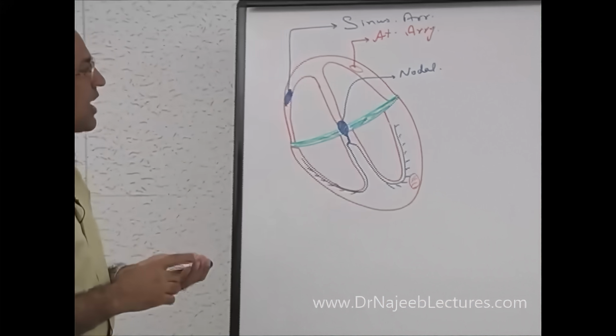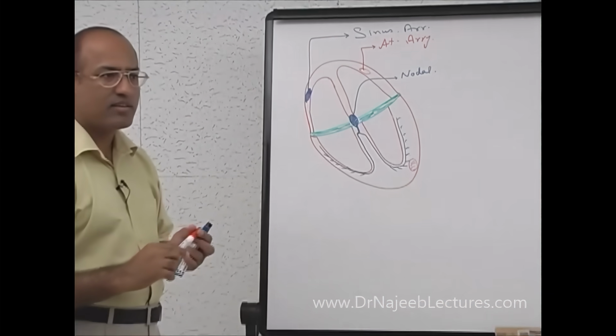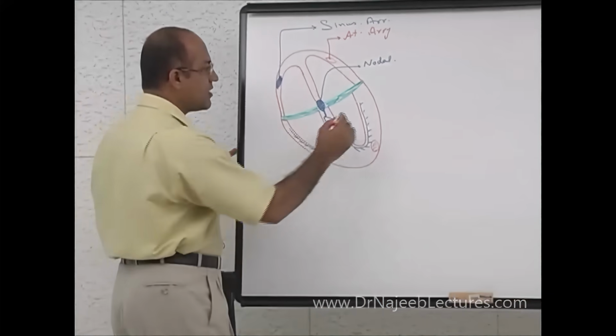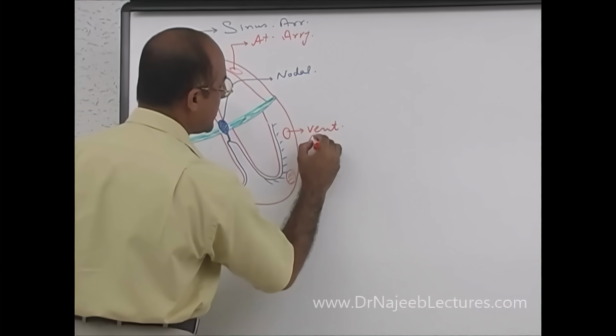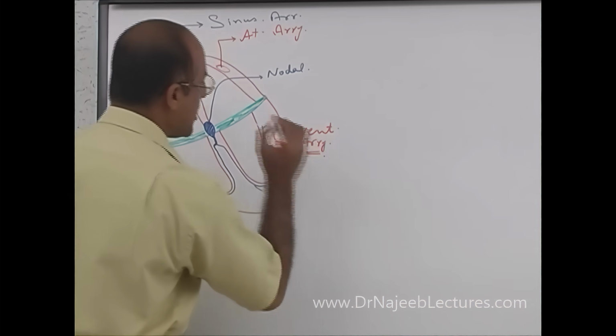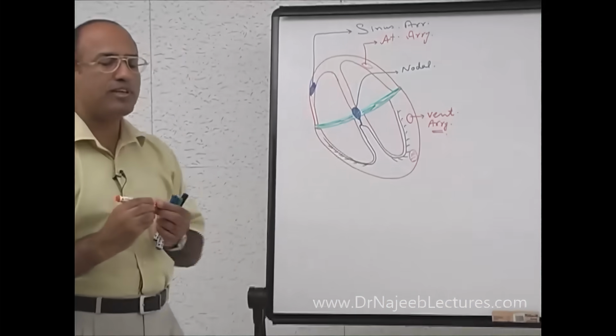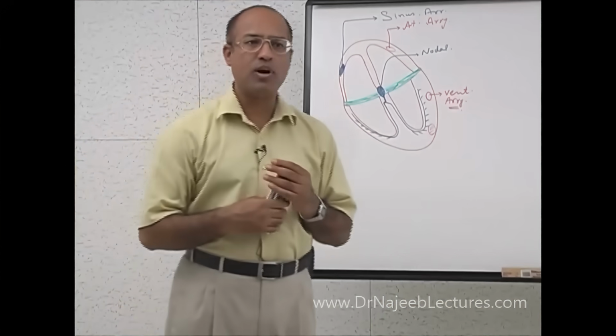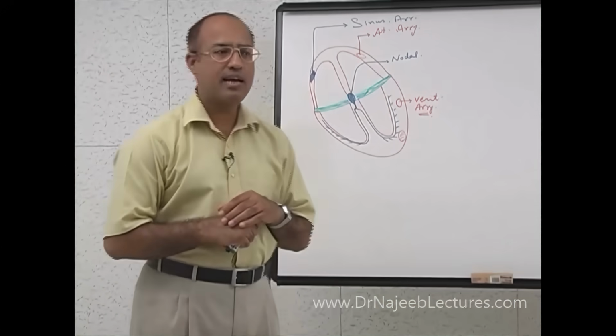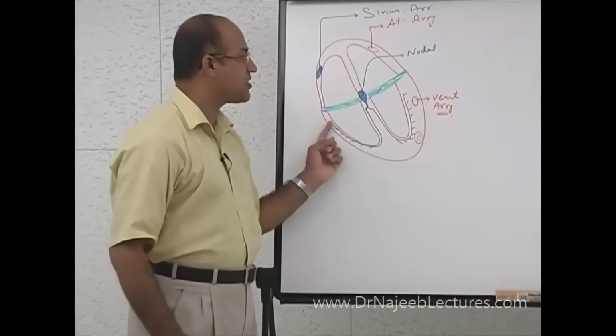Now we are entering into the last variety of arrhythmias, that is ventricular arrhythmias. To understand the concept of ventricular arrhythmias, especially ventricular tachyarrhythmia, first of all we should have a concept of why such tachyarrhythmias occur.